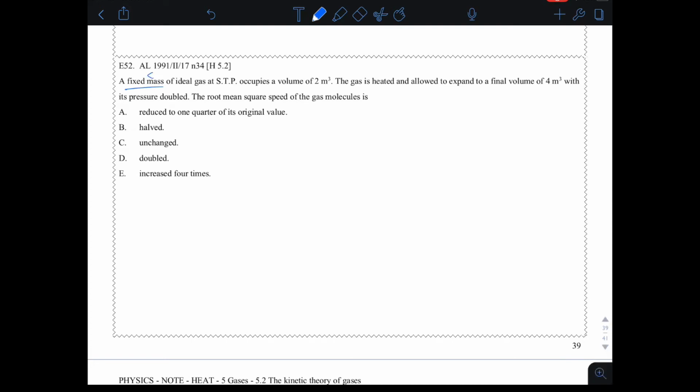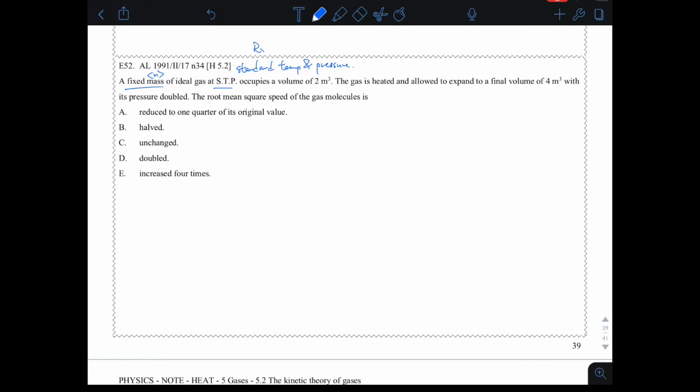Next, a fixed mass, the number of moles the same, ideal gas at STP. STP is the short form of standard temperature and pressure.